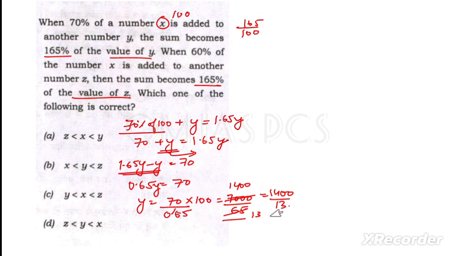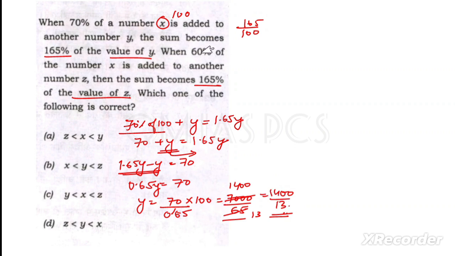This is the value of y. And what is the value of x? x is 100. Now if you compare y and x, y is more than 100. We need not find the exact value, we just have to see that it is more than x. Now we have to see the value of z.